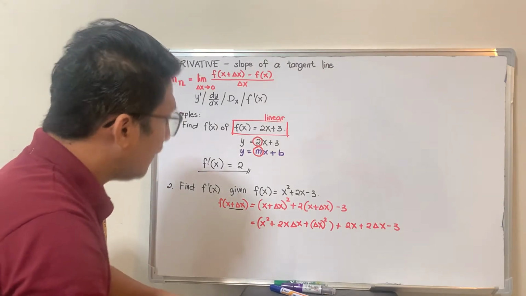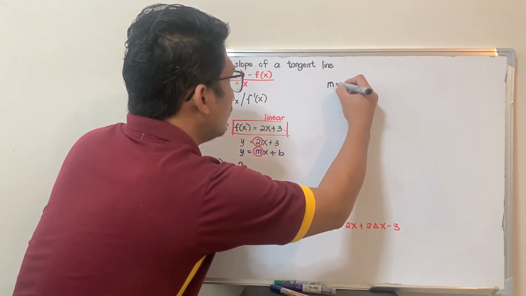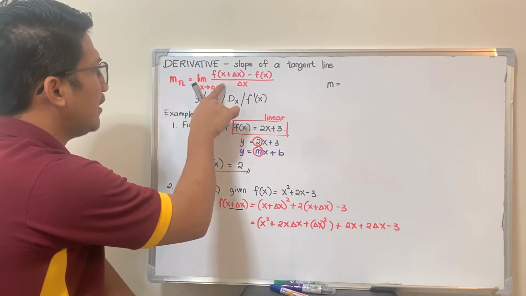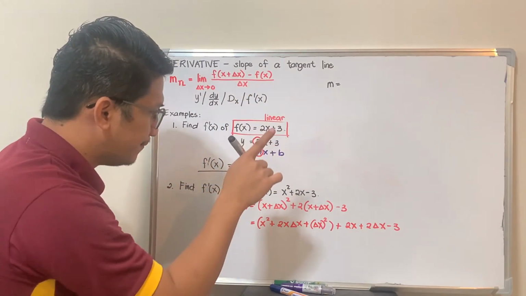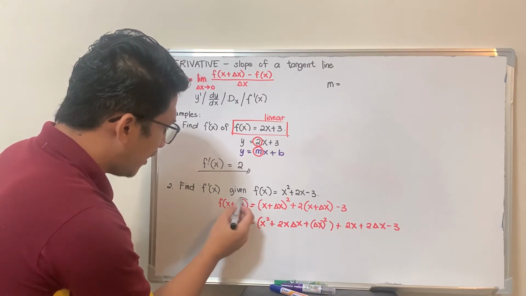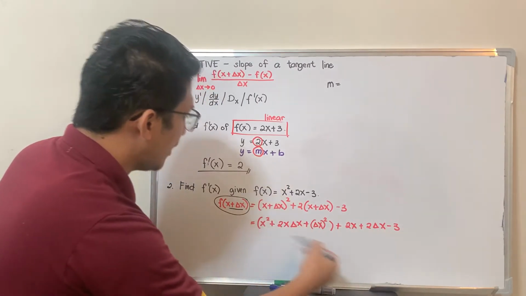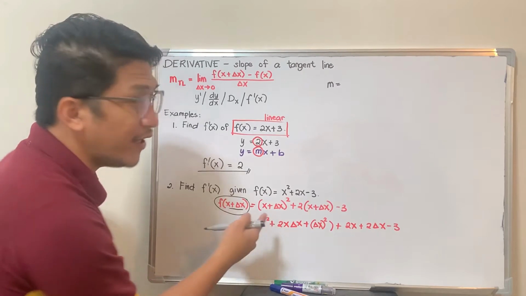So basically we substitute this into the formula. m is just equal to the slope of the tangent line using this. This is the value of f of x plus delta x. So replace f of x plus delta x with this. It's a long solution.